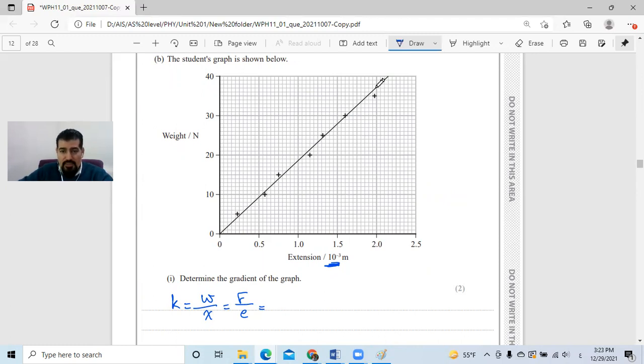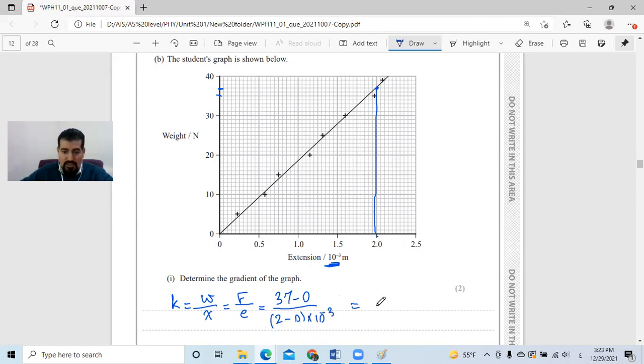So let's take a point which is far, and I will use my ruler to show them that I take this point. It's on the straight line. Whenever the point is farther, I'll be more accurate. As you can see, it's 35, 36, 37. So 37 minus 0 divided by 2 minus 0 between brackets times 10 to the power of -3.